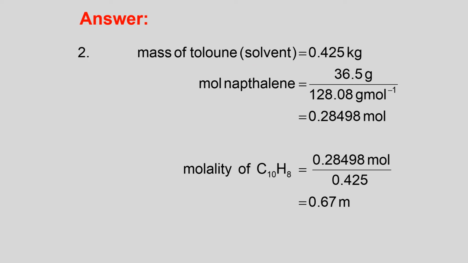For question 2, the mass of toluene or solvent is 0.425 kg. Mole of naphthalene is equal to 36.5 gram divided by 125.08 gram per mole. So you have the mole of naphthalene is equal to 0.28498 mole.